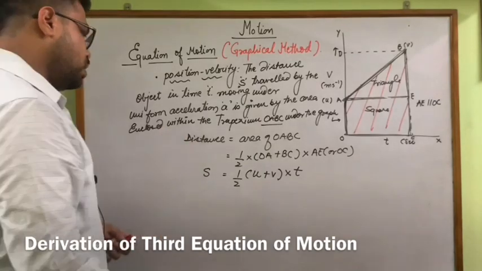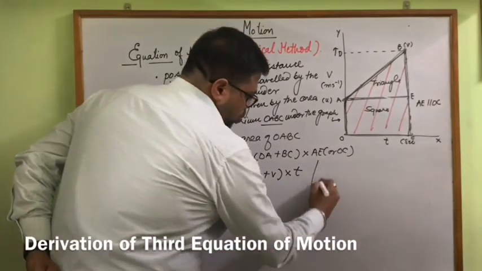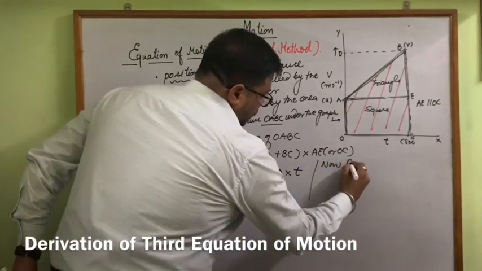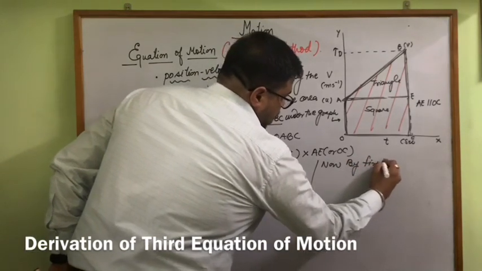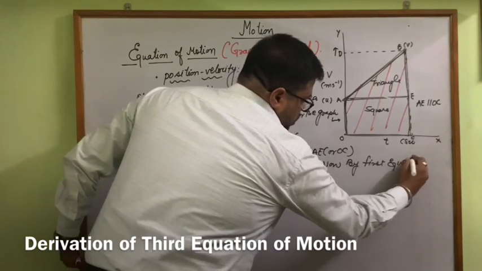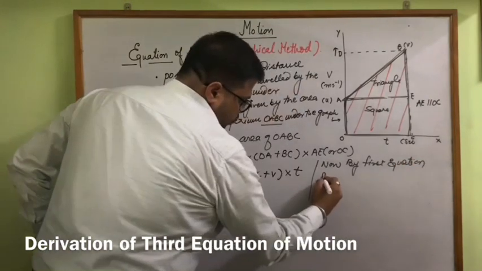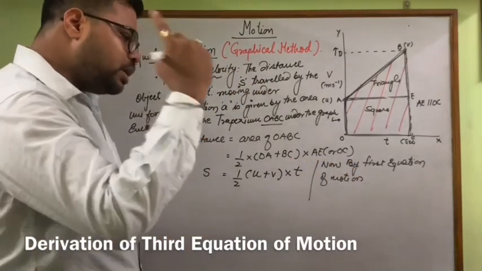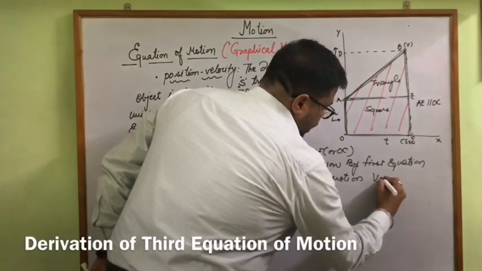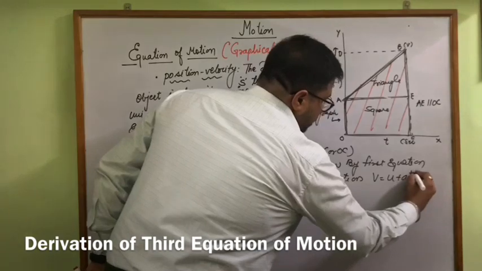Now we know that by the first equation of motion we can write one important thing: v equals u plus at.